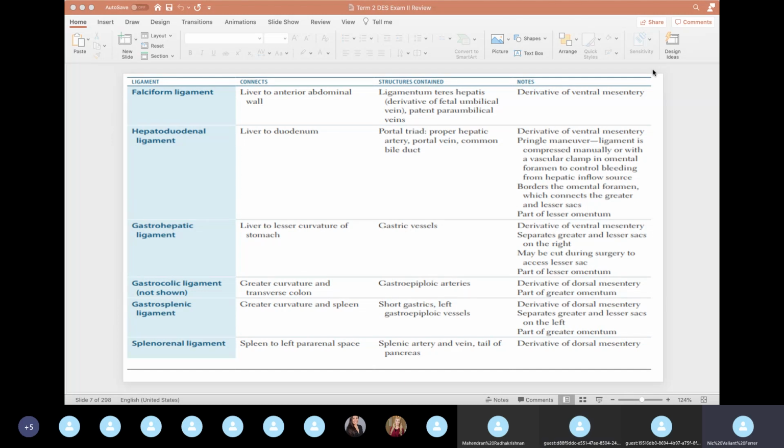So remember the foramen ovale? Why do we have the foramen ovale? What's the embryological defect there? A patent foramen. It shunts blood from the right atrium to the left atrium.